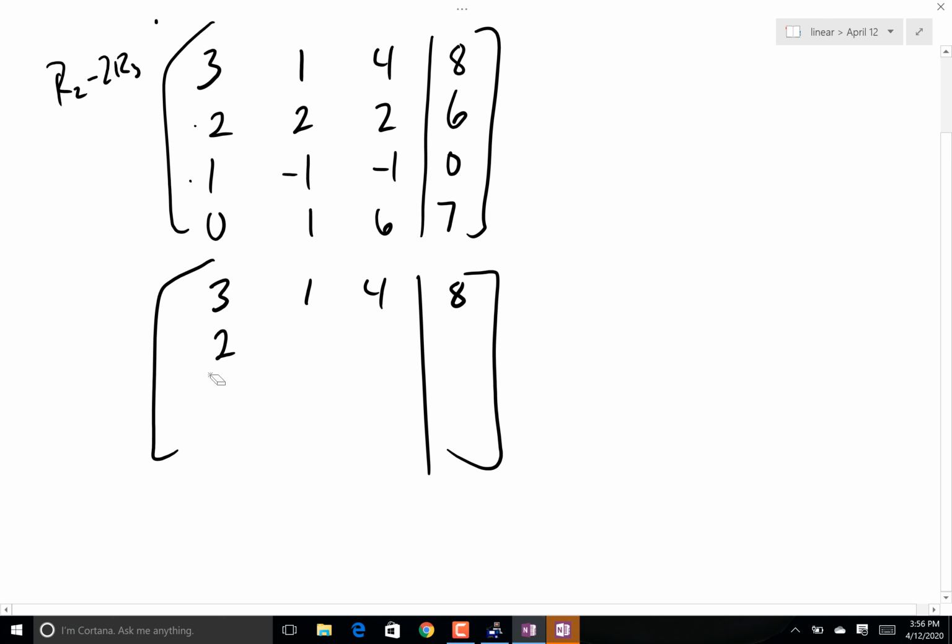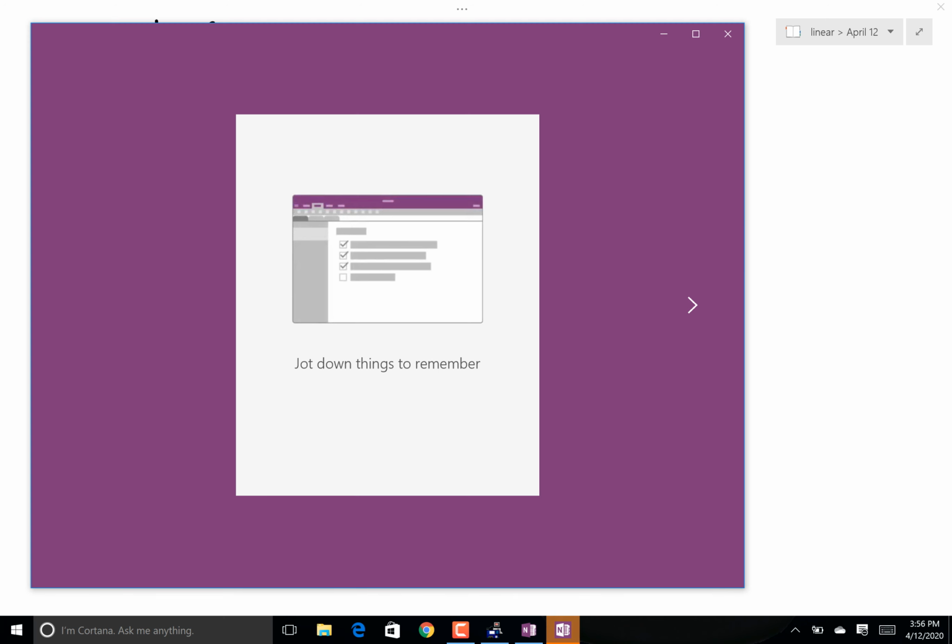I'm not changing the second row yet, I'm changing the third row. No, I'm actually changing the second row. So 0, and then 2 minus a minus 2 is 4. And then 2 minus a minus 2 is 4. And then 6 minus 0 is 6. So that's different.